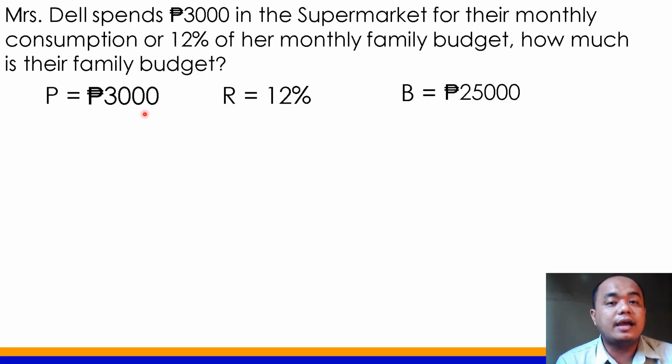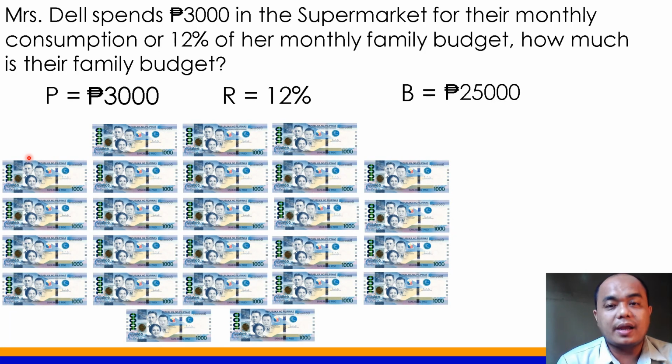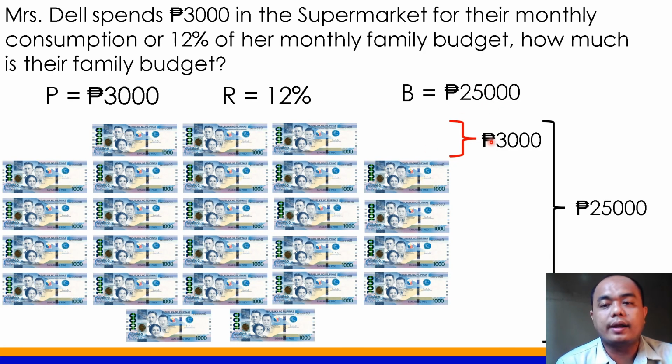Yung 3,000 na yan ay ginamit sa pagbili ng mga grocery items sa supermarkets. So, ito yung, class. Yung 3,000 and of course, ang remaining money niya. Okay? Sa 25,000. So, this is 3,000, di ba? So, that's 1, 2, 3, that's 3,000. Of course, meron tayong 25,000 na kabuuan.